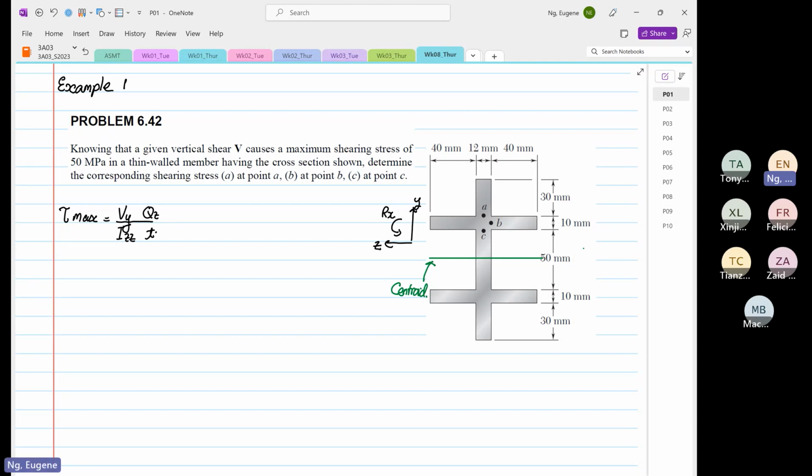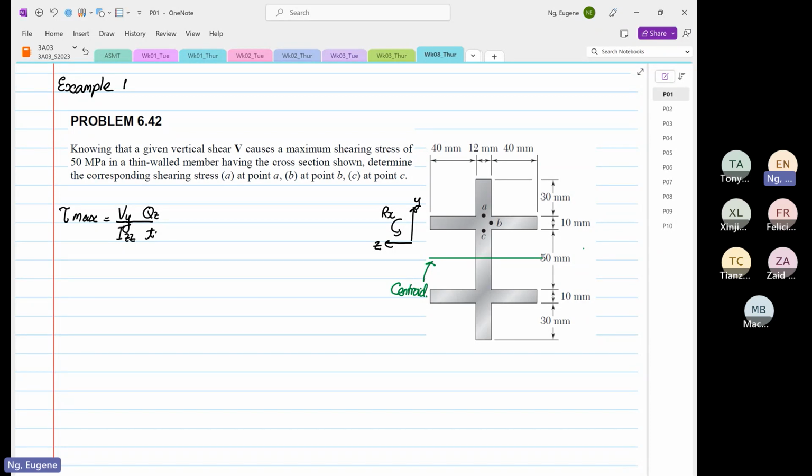So we have to now identify the first moment of area at point A, first moment of area at point B, and first moment of area at point C. And the formula that we're going to use is tau max equal to Vy over Izz, Qz over t. So we have to find the Qz over t ratio.